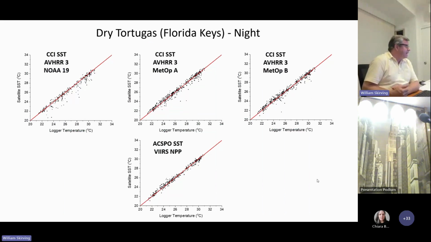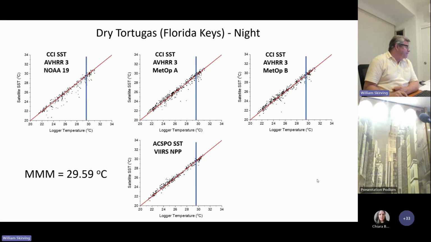So this is the data, and this is nighttime. There's a little bit of cloud contamination, but not much. By and large, they all look pretty good. And of course, AXPO once again performed extremely well at night. This is really pleasing, I might add.